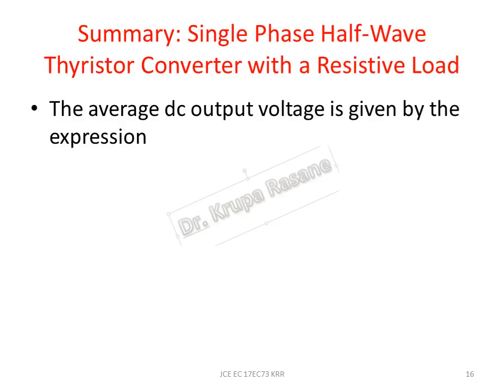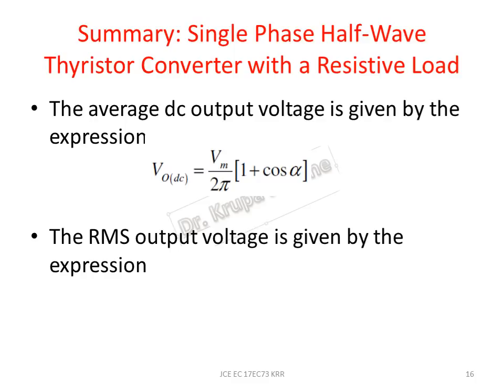So the average DC output voltage is given by the expression V naught DC equal to Vm by 2 pi, 1 plus cos alpha. This was the average voltage that we have seen, and if we want to find the maximum voltage, we substitute alpha equal to 0. So in that case, we will get Vm by pi as the maximum output DC voltage.